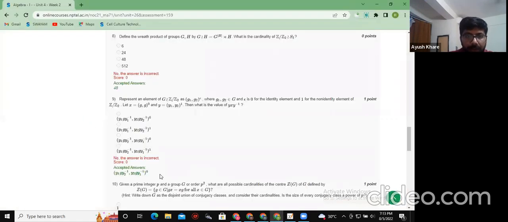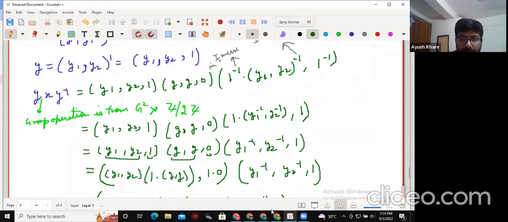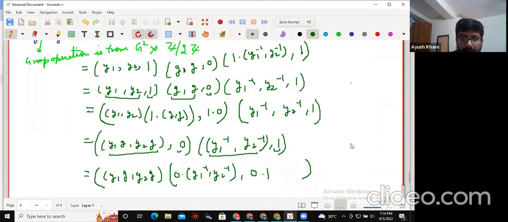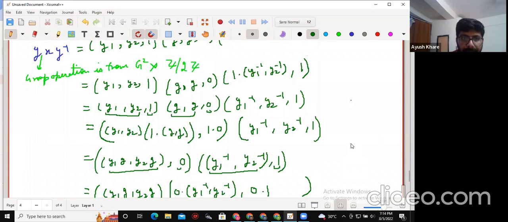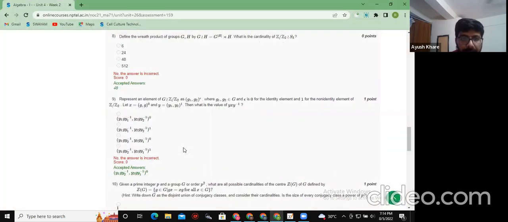Let's go back to the answer. So you can see the power is 0, right? So the second entry is 0, last entry is 0. There is some y2 y1 inverse. Did we miss something? So it should be x is this, y is y1 y2.